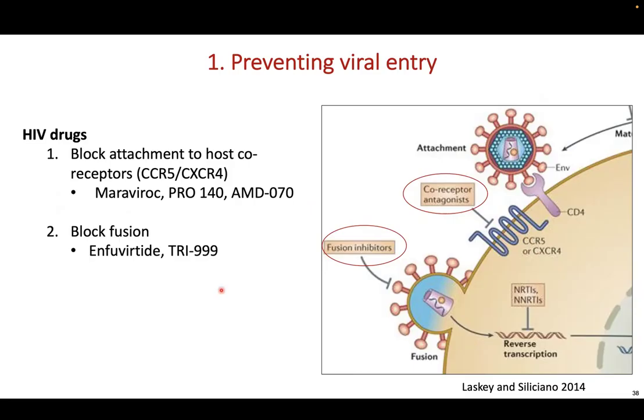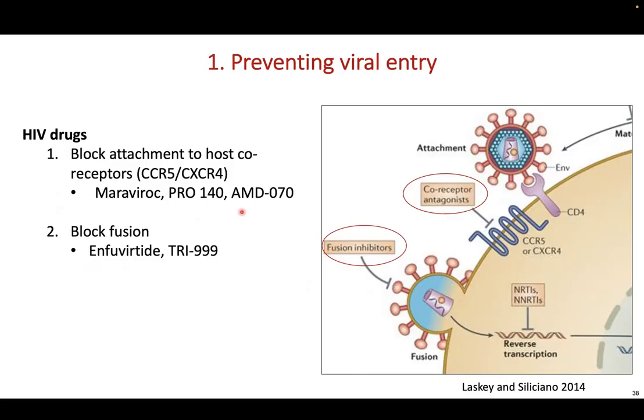And then we also have another class of HIV drug that blocks the fusion of the virus. The virus attaches to the surface, then it has to fuse into the membrane and release its contents. These fusion inhibitors prevent the virus from fusing into the membrane of the host. An example of a drug that blocks fusion is TRI 999.